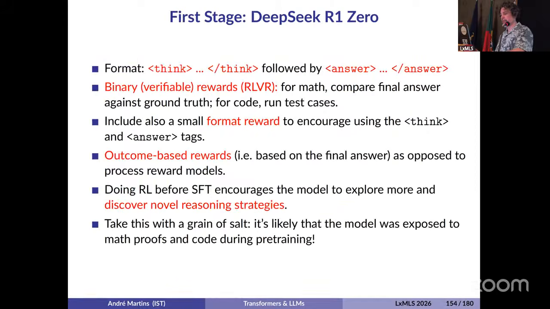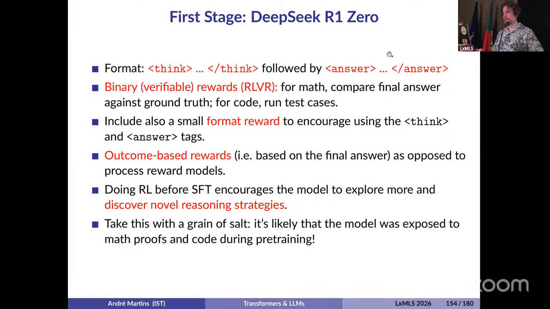Okay, so let's talk about the RL stage. They came up with a format for the answers that looks like this. It's quite simple. When the model is thinking, you enclose this information with the think tags, and when the model produces the final answer, you use answer tags.